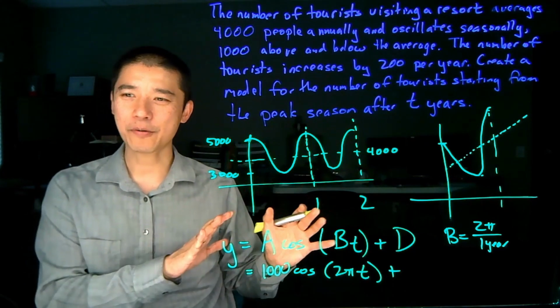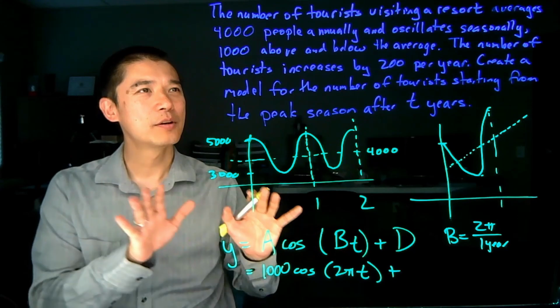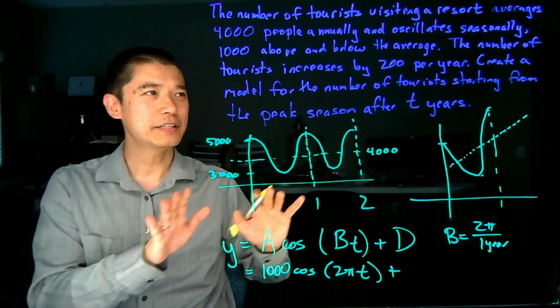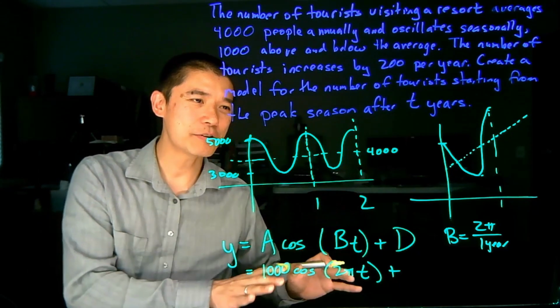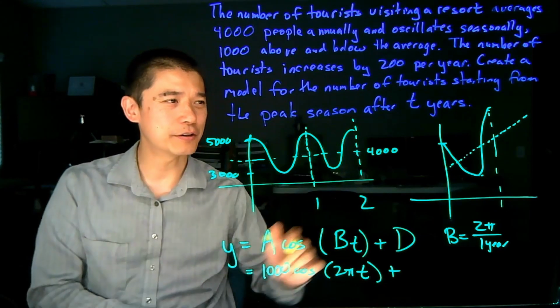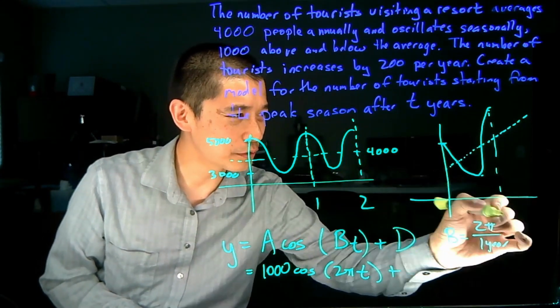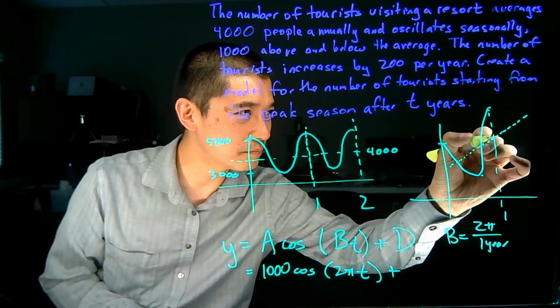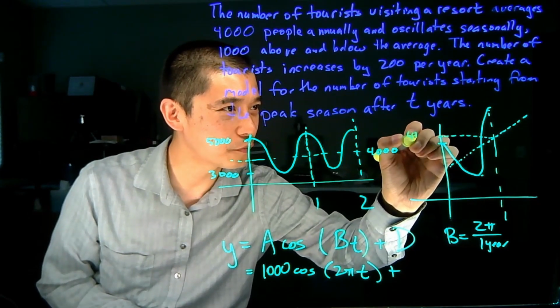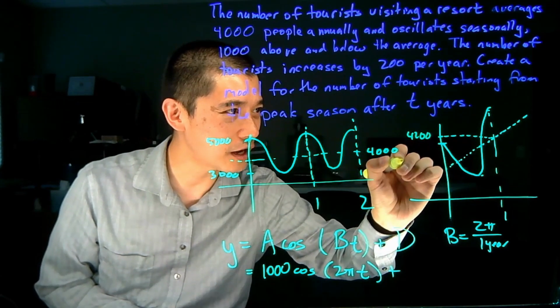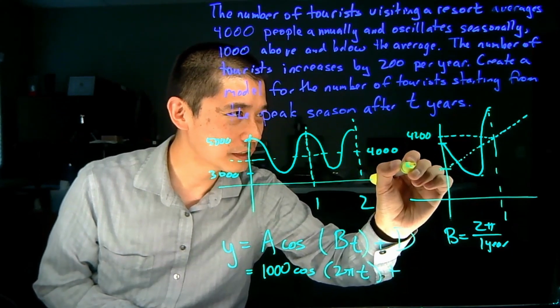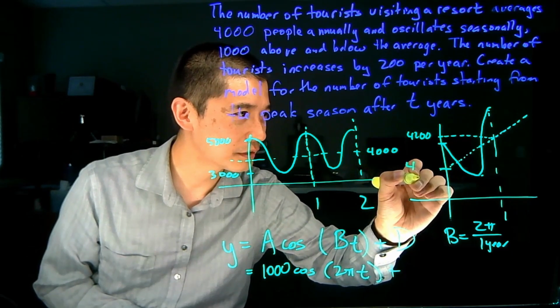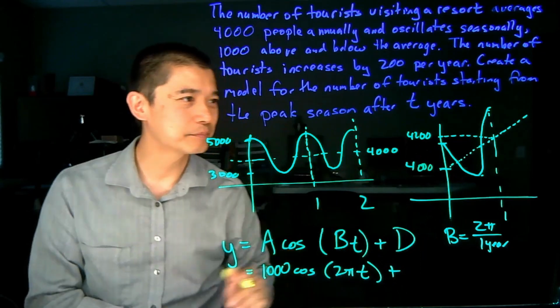And so now the tricky part is the d. 4,000 people annually at the beginning and increases by 200 per year. So increasing by 200 per year. So at year 1, this midline right here is going to be 4,200 whereas it started off here at 4,000, right?